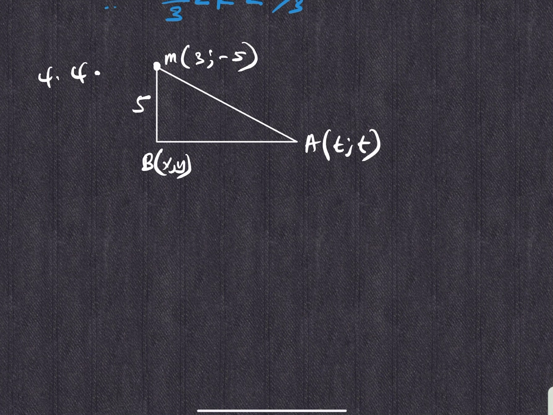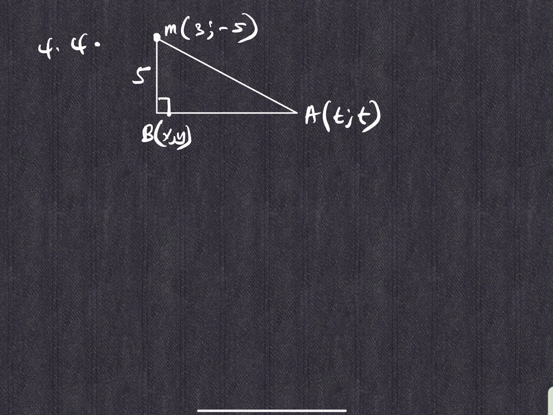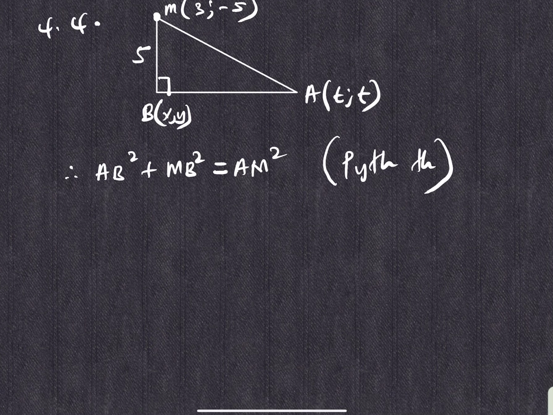So how about if you use Pythagoras theorem here to say that therefore AB squared plus MB squared must give you AM squared. What is that? You must just write that this is Pythagoras theorem.